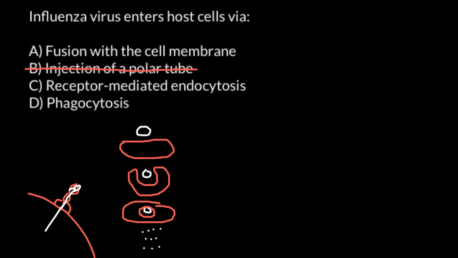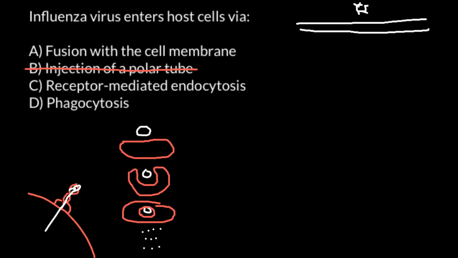And now imagine that we have here the surface of the cell, and here is a double lipid layer, and here is our virus, influenza virus. And influenza virus has surface proteins here, two types of surface proteins, hemagglutinin and neuraminidase.